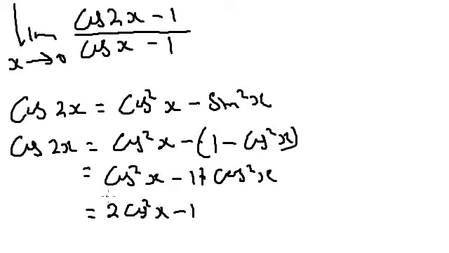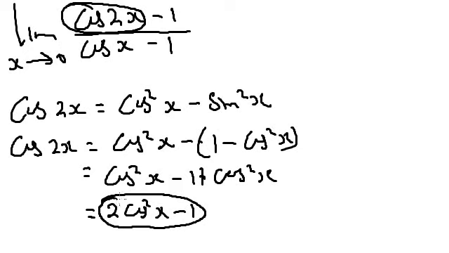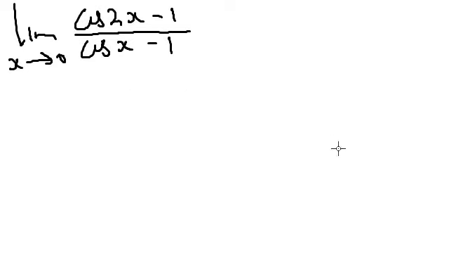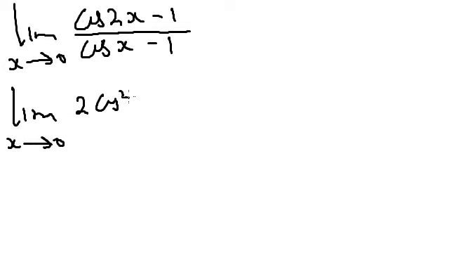Okay, perfect. Now, what I would like to do is to go back to the expression given. So I will replace cosine 2x with 2 cosine squared x minus 1, since they are equal. I hope you got that. So therefore, we now have the limit as x approaches 0 of 2 cosine squared x minus 1, then the other minus 1.